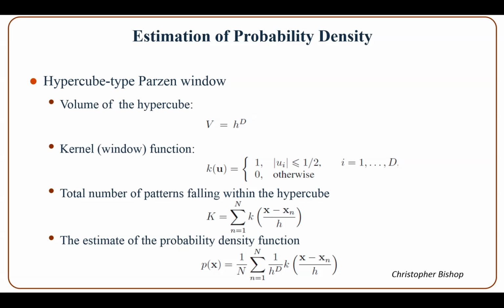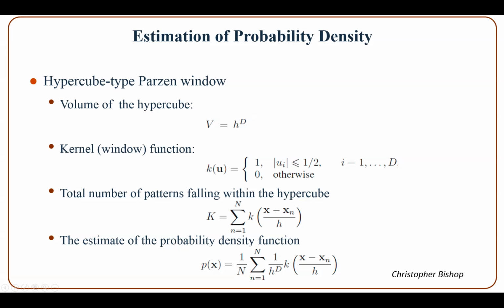From there, it can be seen that k of x minus xn divided by h is 1 if the data point xn lies inside the cube of side h centered on x and 0 otherwise.